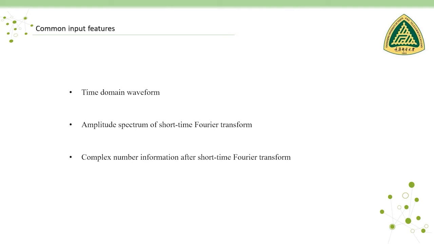The phase is restored from the noisy speech by using the phase of the noisy signal, and the most typical model is the CRN model. We know that the phase information has an impact on the quality of speech.